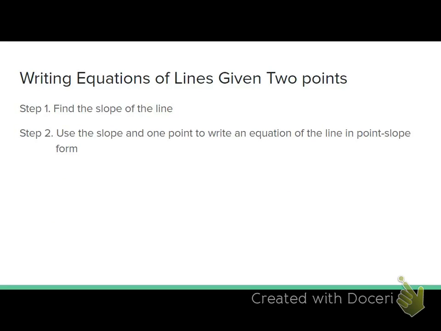All right. If we are writing equations of lines given 2 points, we've got 2 steps. First step is to find the slope of the line. Anytime we write equations, no matter what form you're writing it in, you are going to want to know the slope. Then you will use the slope and 1 point to write the equation of the line in point slope form. So this step 2 means that you are going to have to pick a point to use.